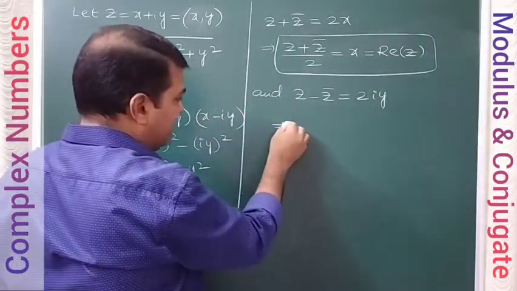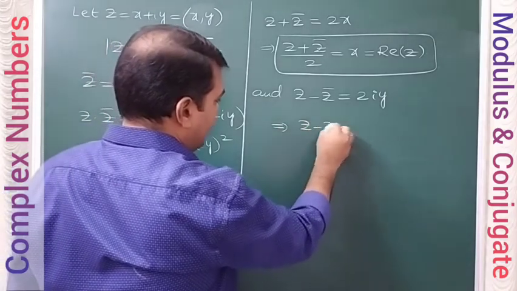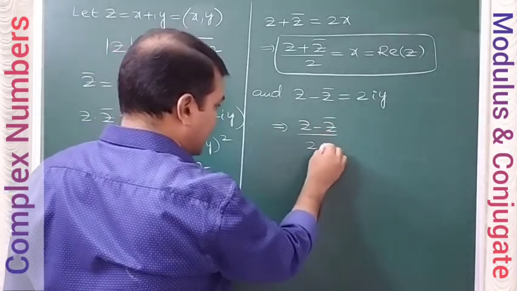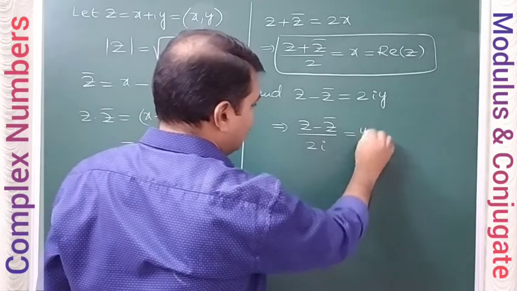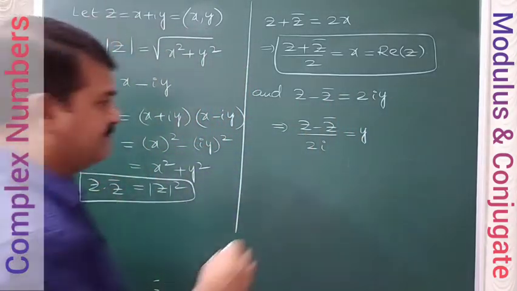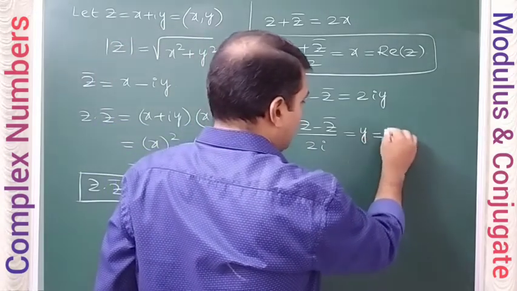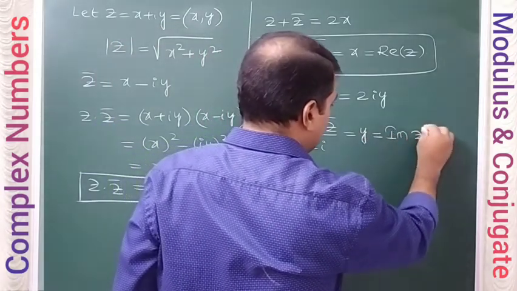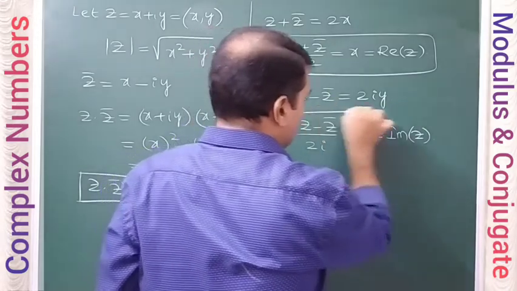So what is y from this? Z minus z bar by 2i is equal to y, and y is actually the imaginary part of z. So this is the relation.